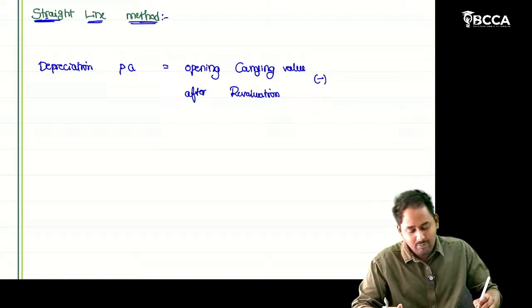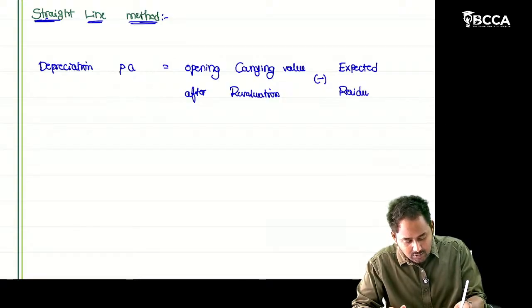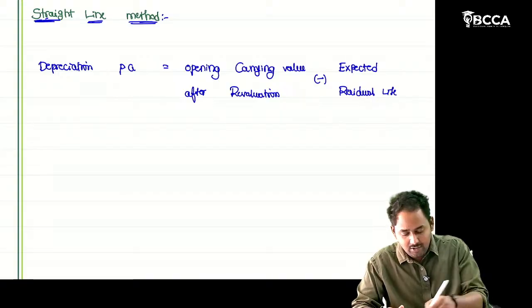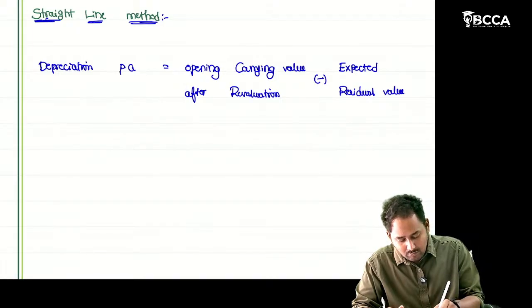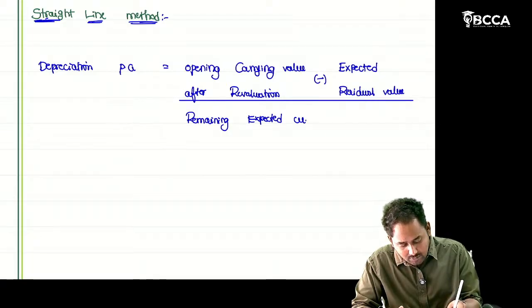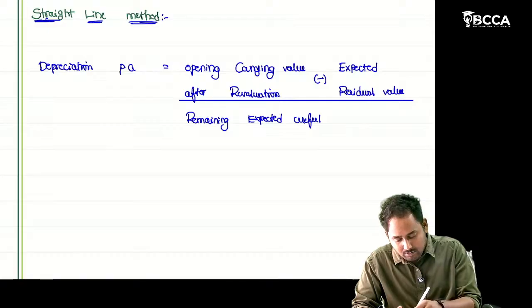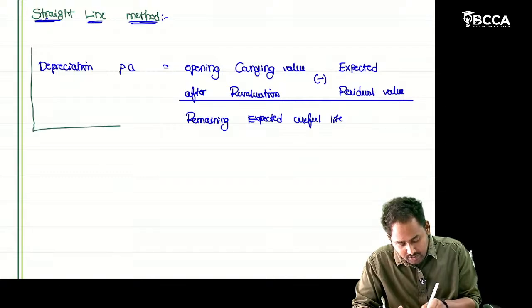Then minus expected residual value, then divided by remaining expected useful life.